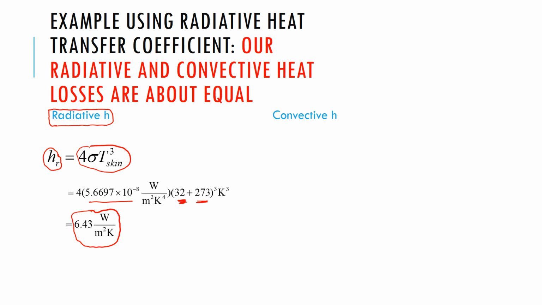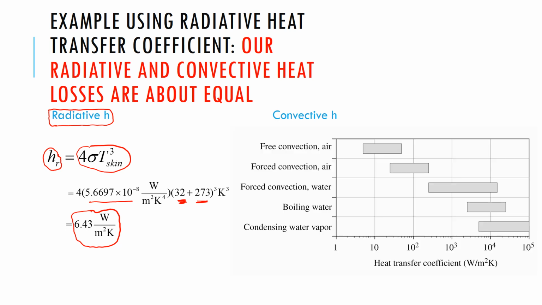So how does it compare with convection? In particular, this is going to be compared with free convection, because for forced convection there is no limit, we don't have any control, but free convection is when we have difficulty rejecting as much heat. So for free convection, if you recall from the chapter on convection, the convective heat transfer coefficients for different situations are typically in this range.